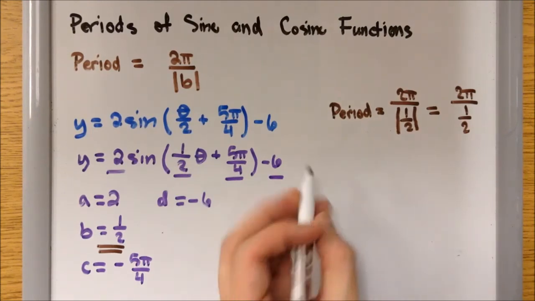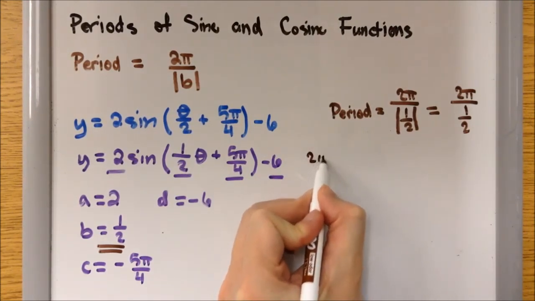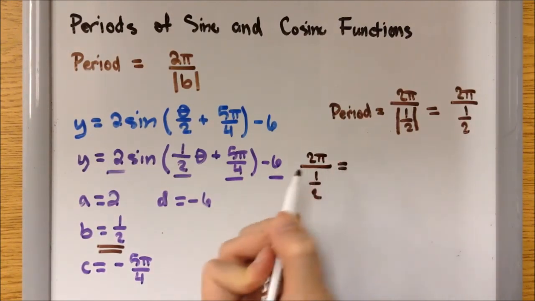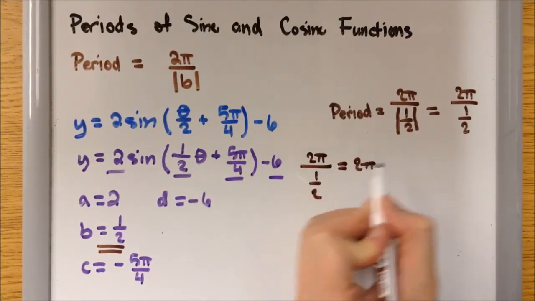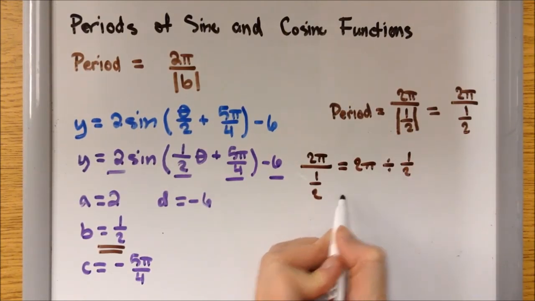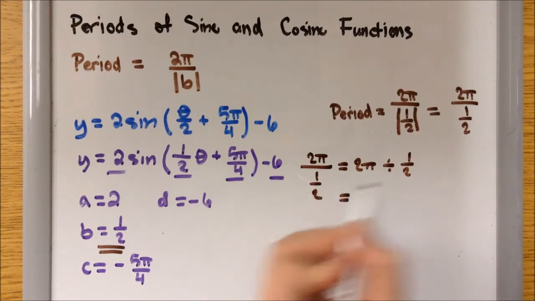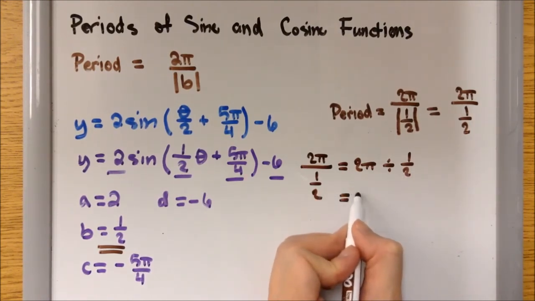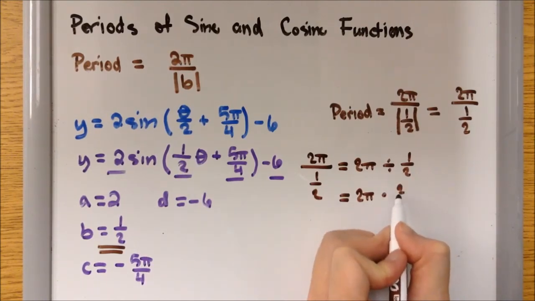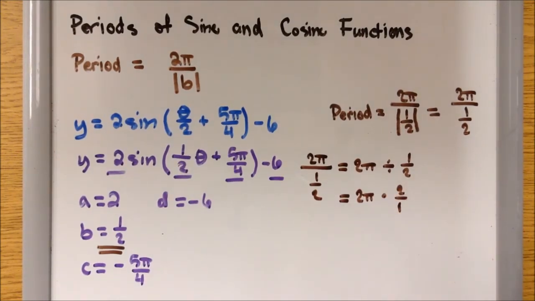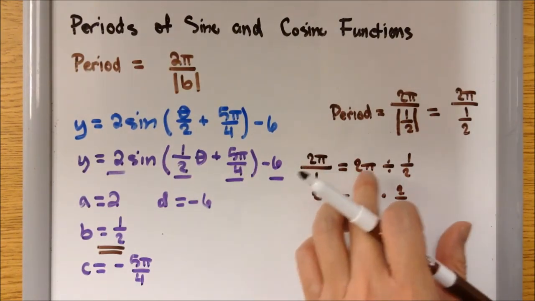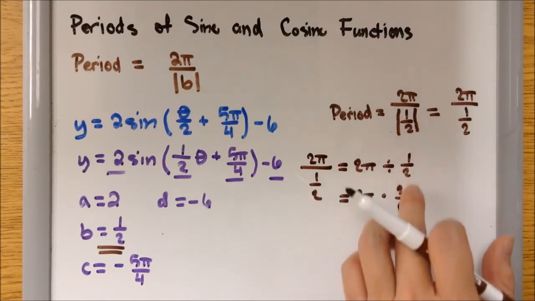We have a fraction. So 2 pi over 1/2 is the same thing as 2 pi divided by 1/2. Now since I don't like working with division in regards to fractions, I'm going to change it to multiplication and flip the second fraction. So now it's 2 over 1. So all I did was convert 2 pi over 1/2 into 2 pi divided by 1/2.